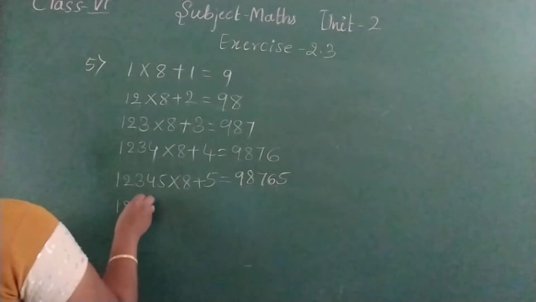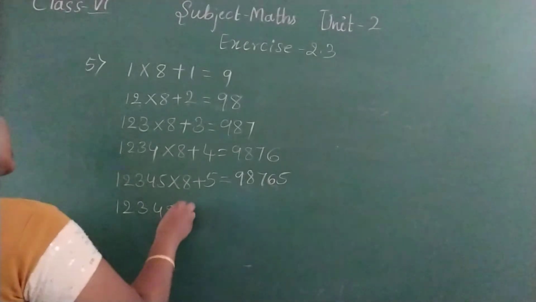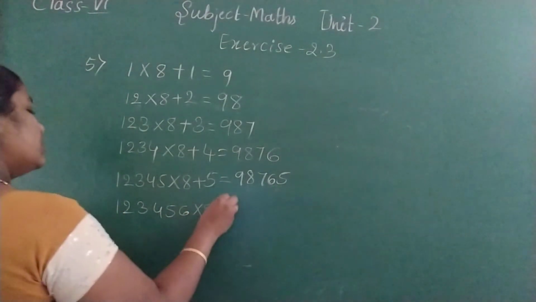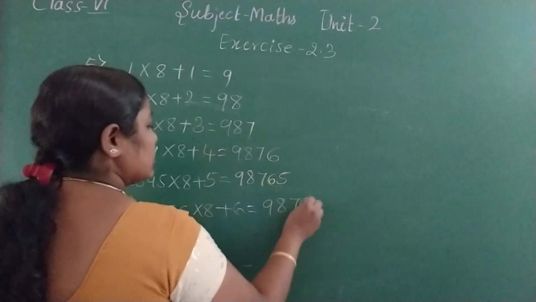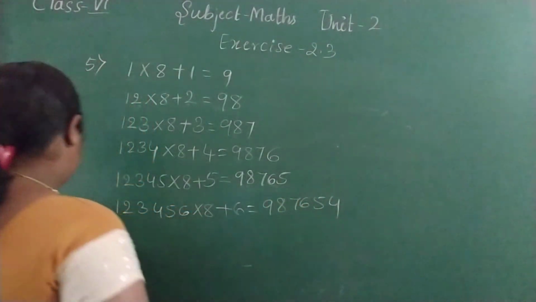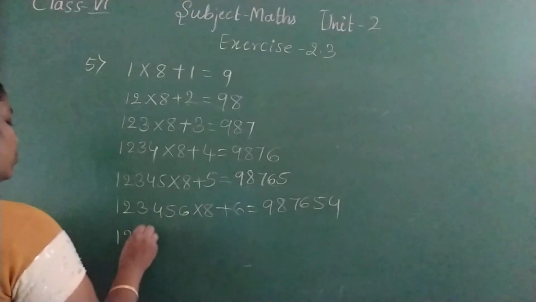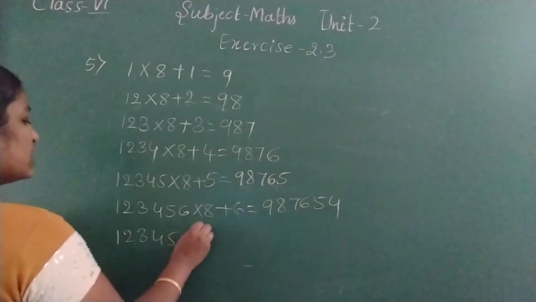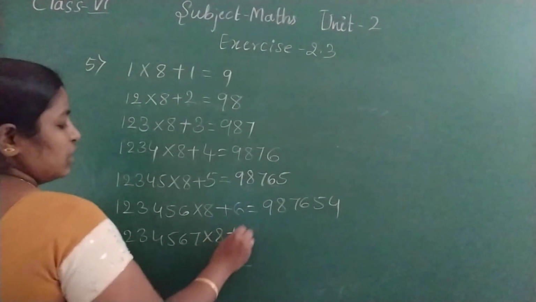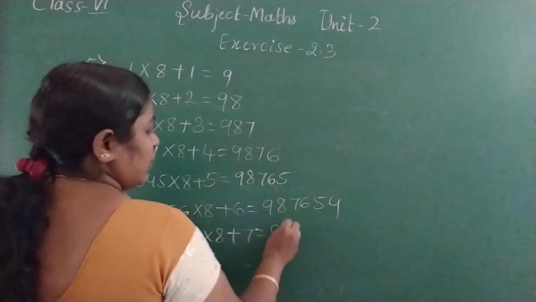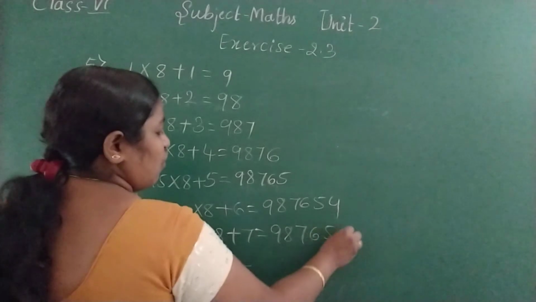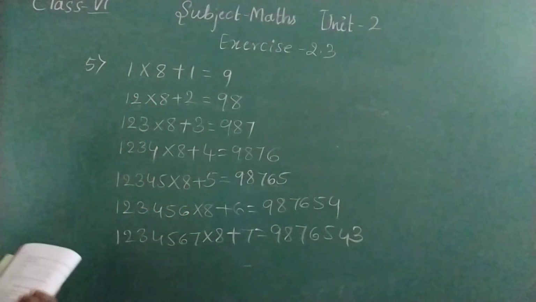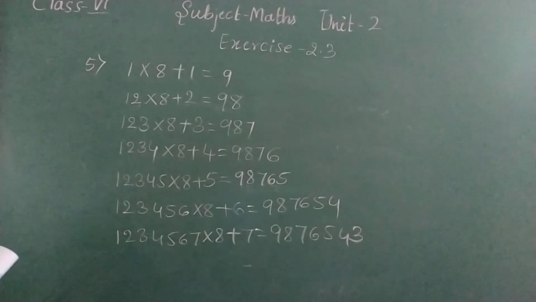So 1, 2, 3, 4, 5, 6 into 8 plus 6 is equal to 9, 8, 7, 6, 5, 4. Again 1, 2, 3, 4, 5, 6, 7 into 8 plus 7 is 9, 8, 7, 6, 5, 4, 3. So this is the pattern of multiplication.